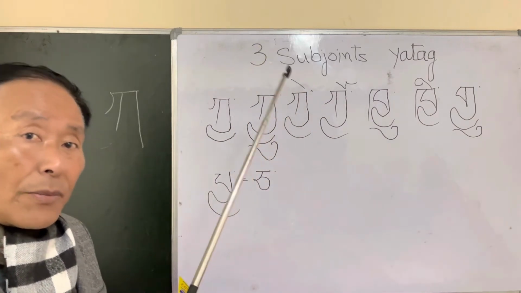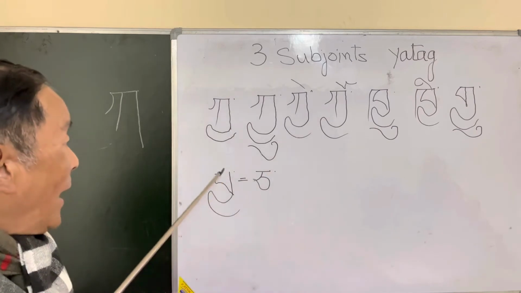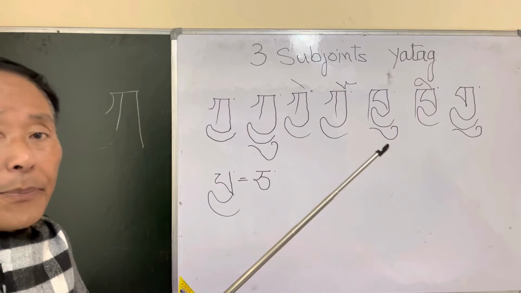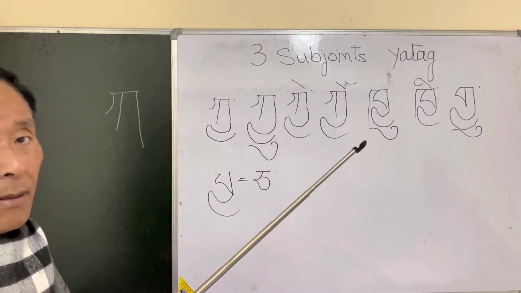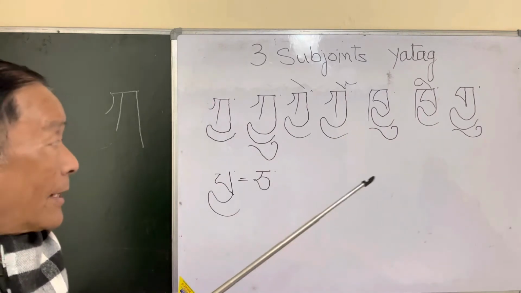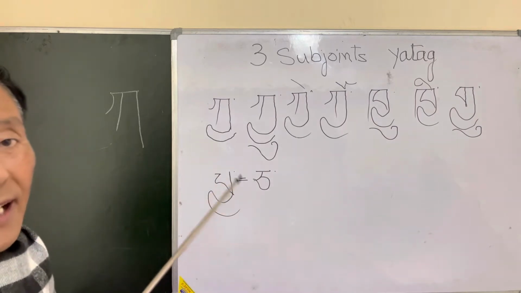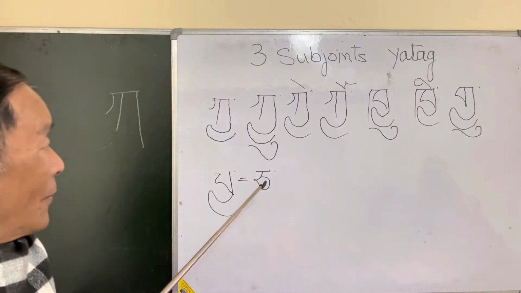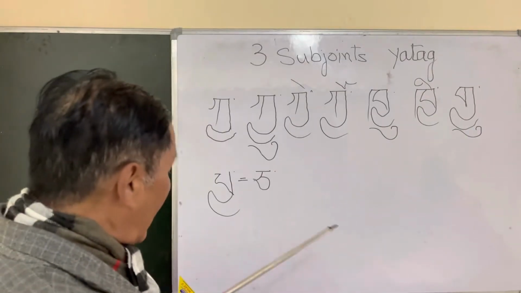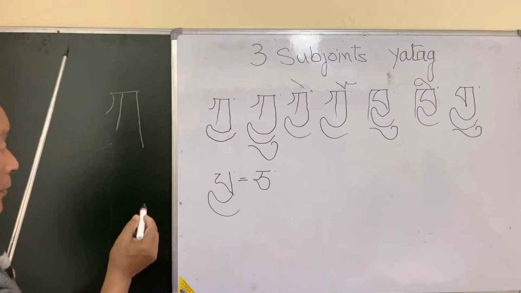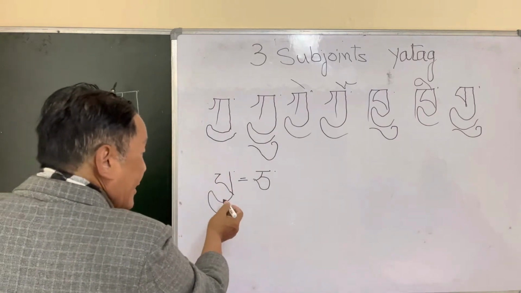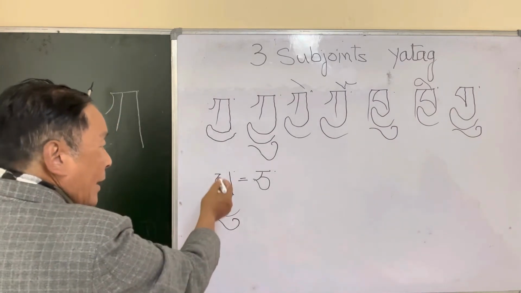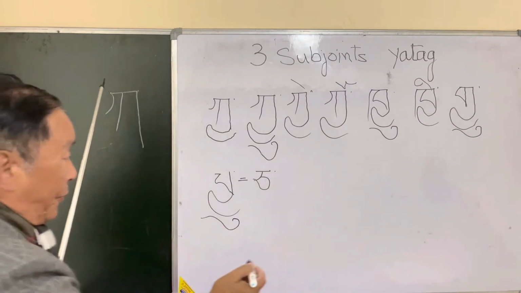And in some Himalayan regions, pa yata is read as pya. But these days in Tibetan we read it as pa yata cha. Then pa yata cha, cha sabchu chu.